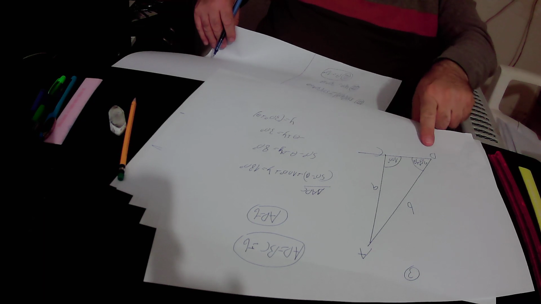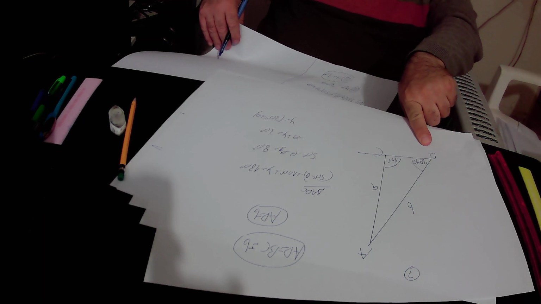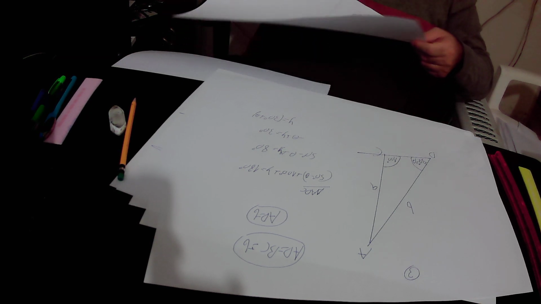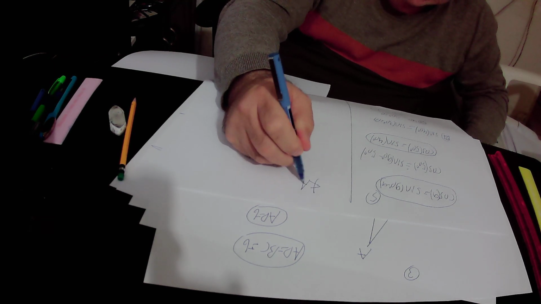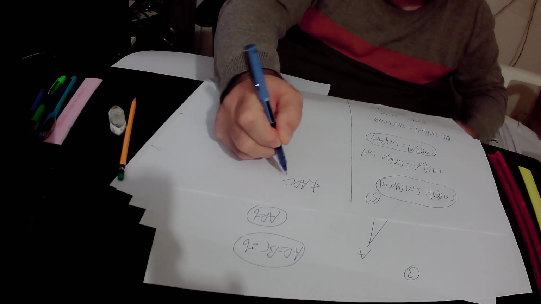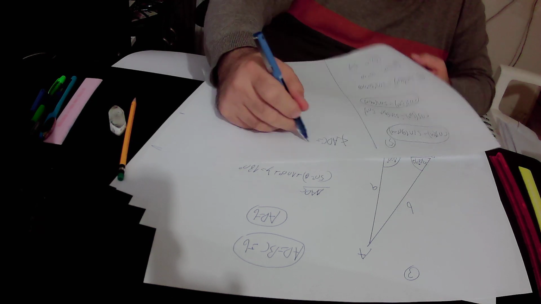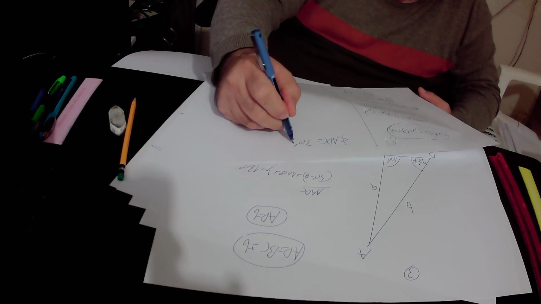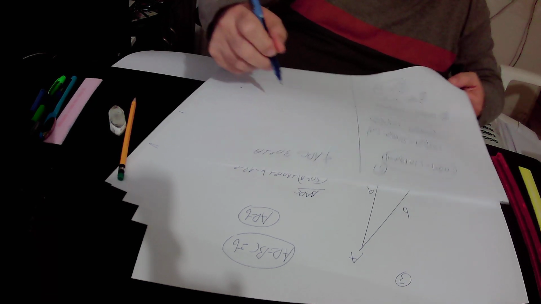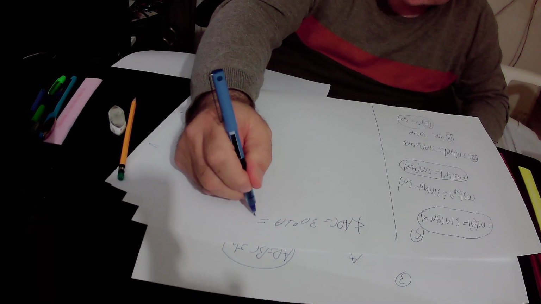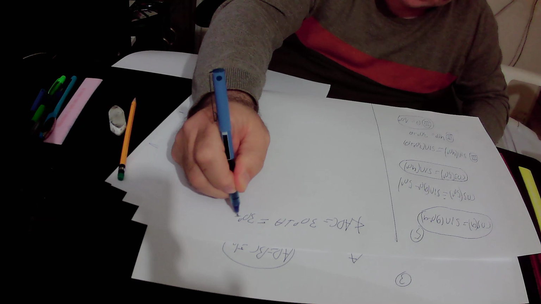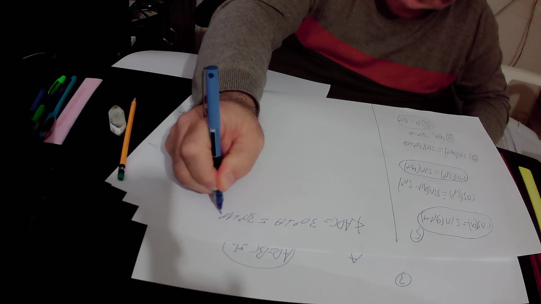The angle that we are looking for is angle ADC, and angle ADC equals 30 degrees plus theta. We already found out that theta equals 10 degrees. That is to say, angle ADC equals 30 degrees plus 10 degrees, that is 40 degrees.